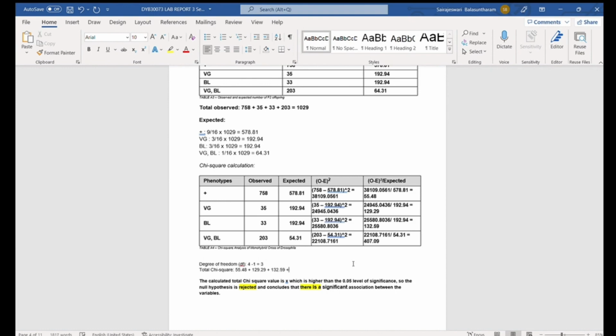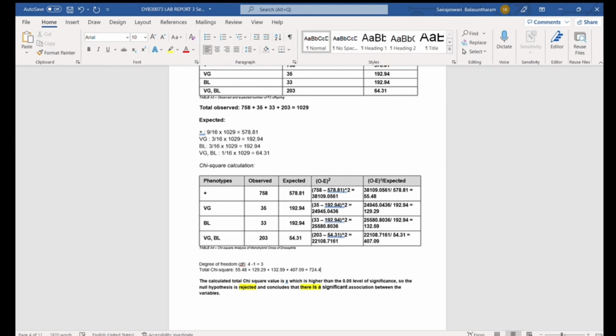So now we're going to add 55.48 plus 129.29 plus 132.59 plus 407.09, and that would compute to 724.45.